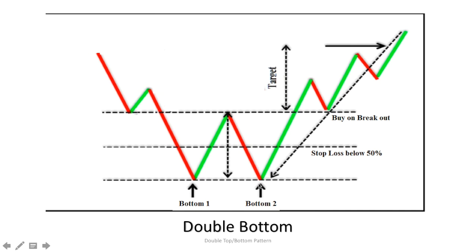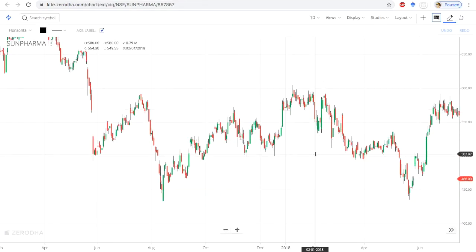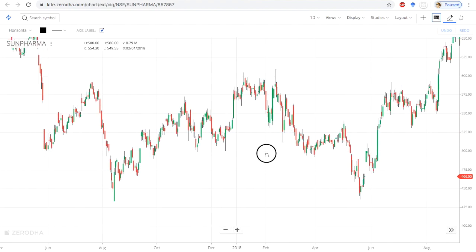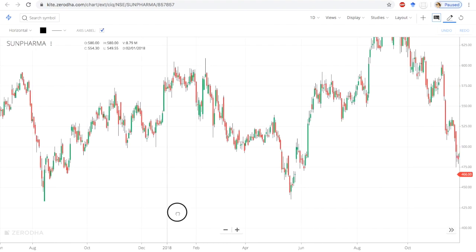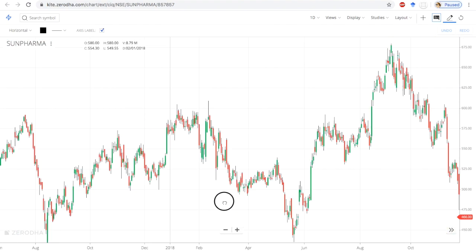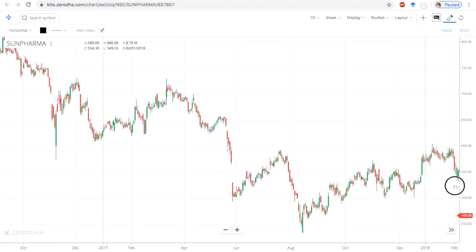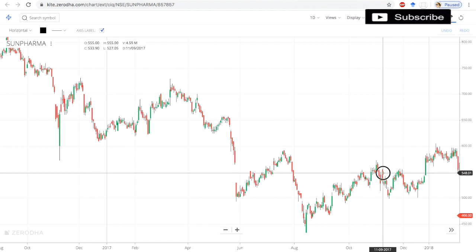Now we will see some charts where double bottom and double top occur. So in Sun Pharma, can you identify the pattern?